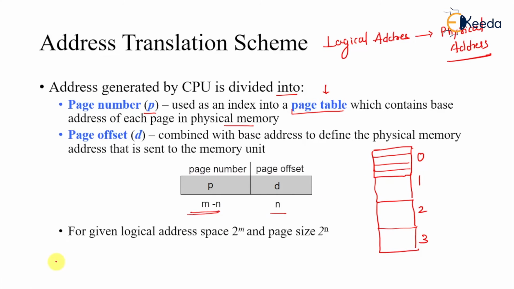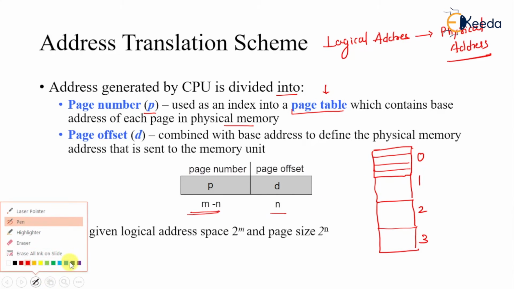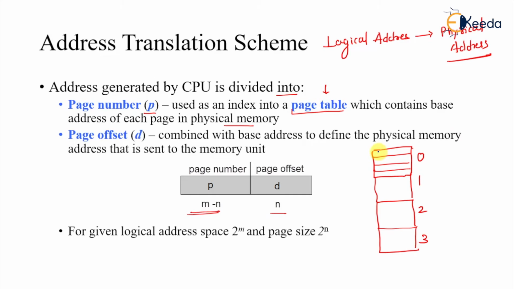Each one consists of 4 information units, or let's say 4 bytes. Byte addressability I already explained.